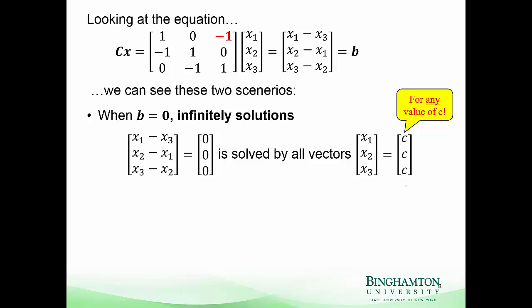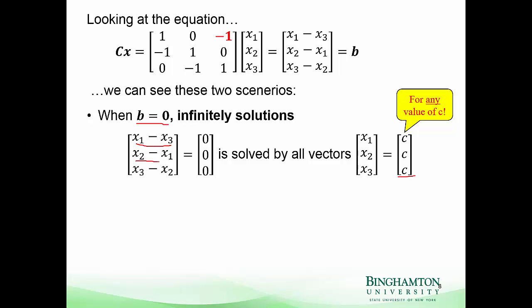When b is equal to 0, we find out that there are infinitely many solutions. In fact, any vector x that has all three elements of it the same will solve Cx equal to 0. And that's because, if x1 and x3 are the same, that becomes 0.